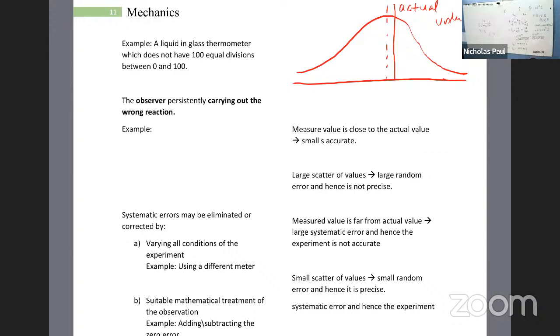So in a case like that, what will you say? The measured value, or the average value, is close to the actual value. But because you have a large scatter of values, the experiment is not precise.